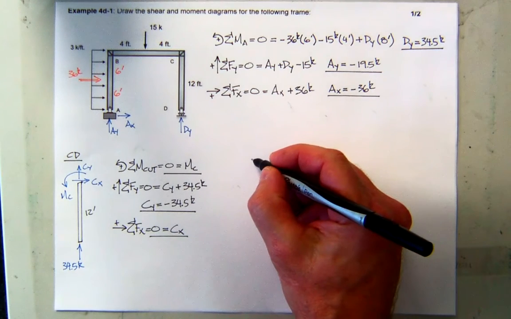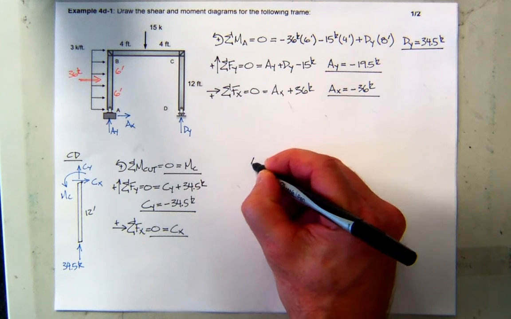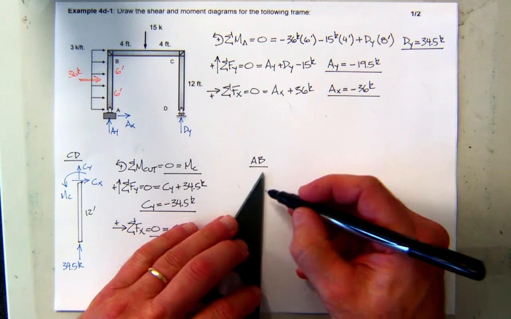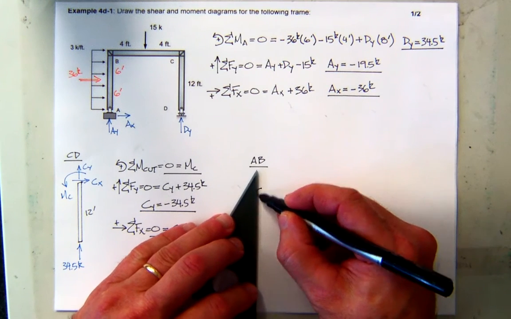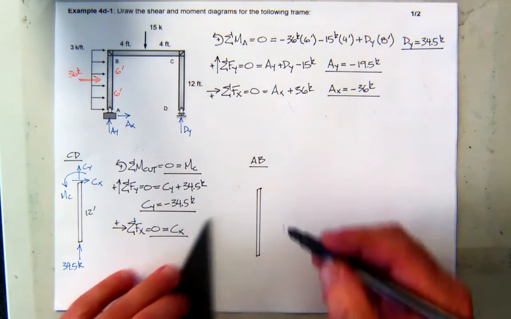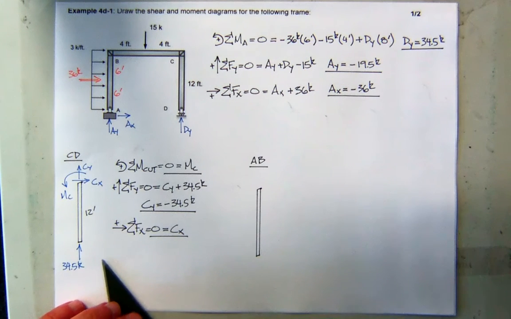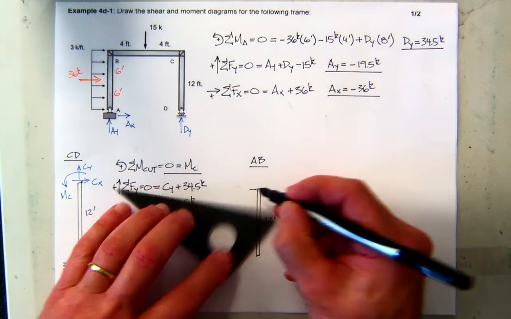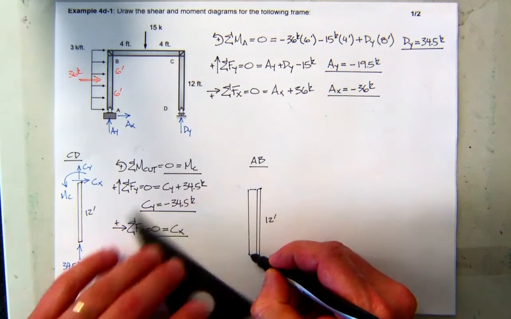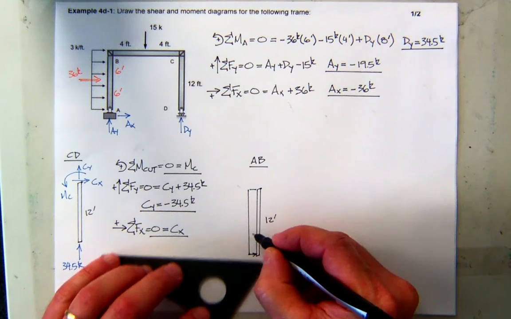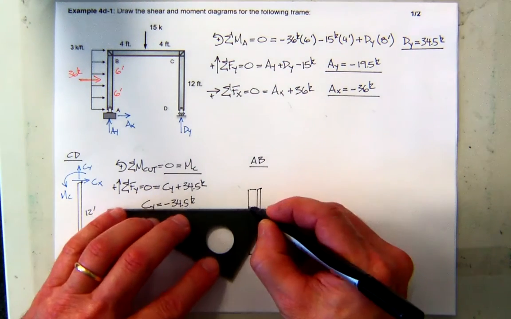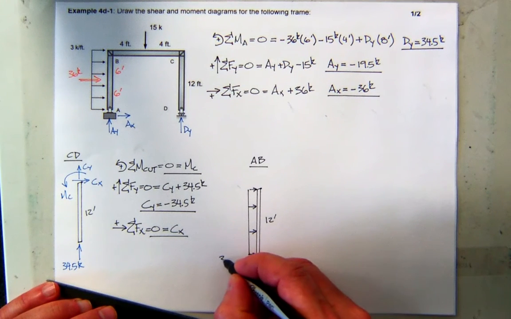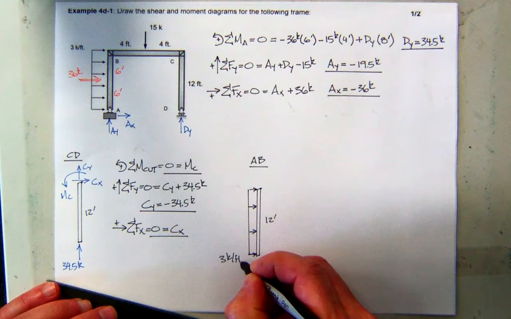Now I'll come over and look at the free body diagram of just section AB. So I'll draw that one. Let's see what's happening here. It's 12 feet tall. It does have a distributed load applied on the side, and that has an intensity of 3 kips per foot.